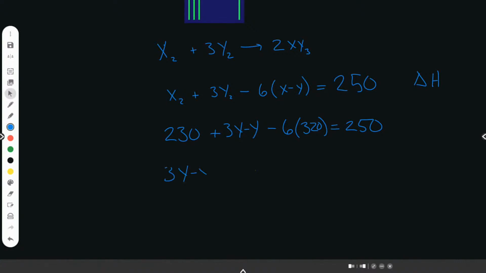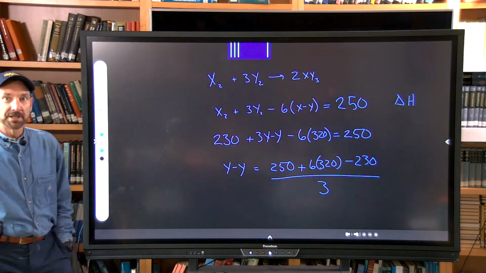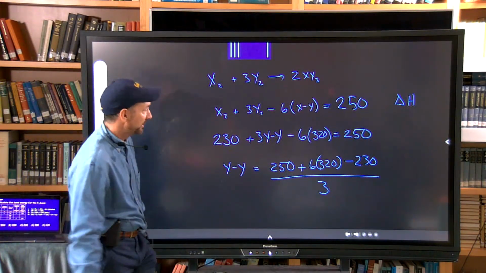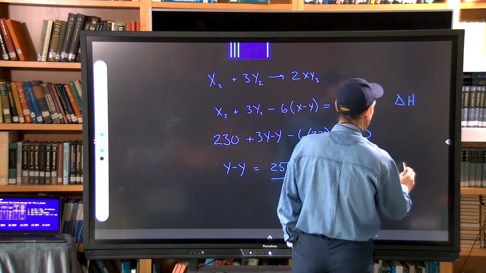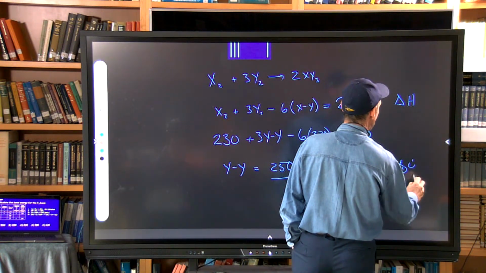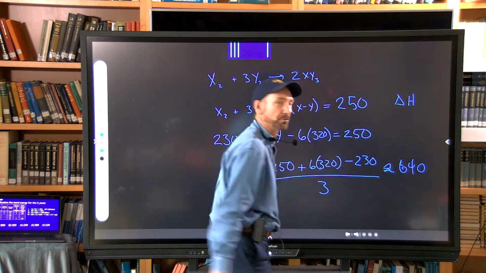So 3 YY bonds have a value of 250 plus 6 times 320 minus 230, divided by 3 will get us to 1 YY bond. So that's the calculation we wanted you to do, and people are telling me that's around 640-something kilojoules per mole.